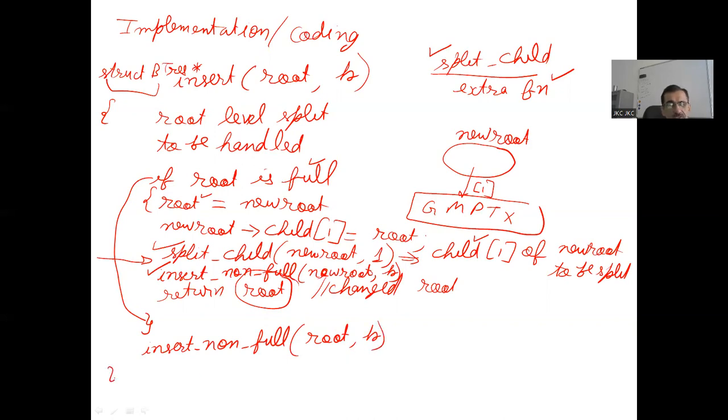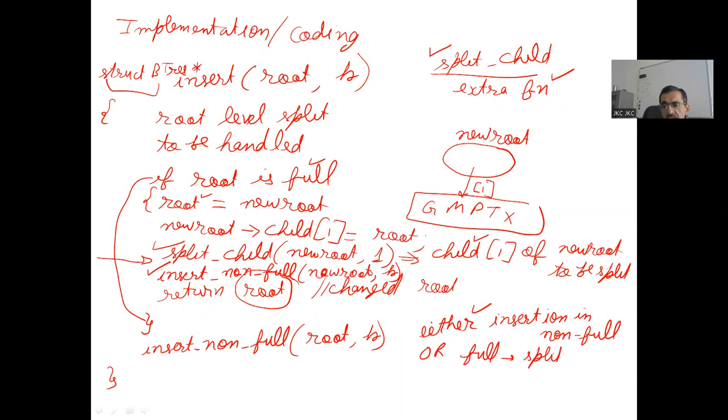So the advantage of this function is that either insertion is into a non-full node, so I have the corresponding call to the non-full function, or if full, a split will be done first and then I call insertion in non-full.